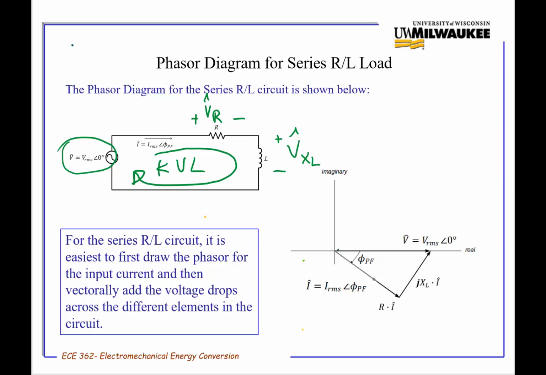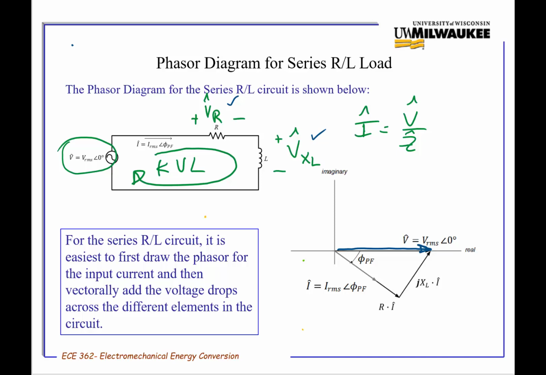So in the phasor representation, the source voltage is on the real axis, just as before. Now, in order to find these other two voltage drops, we have to know what the current is. So we'd have to say I is equal to the voltage divided by the impedance.